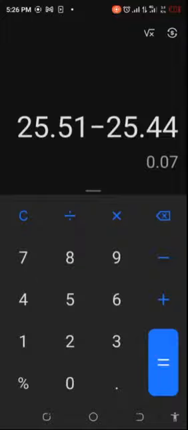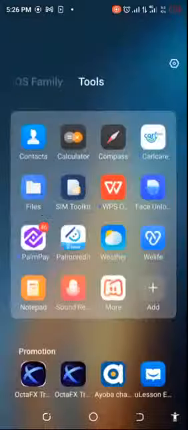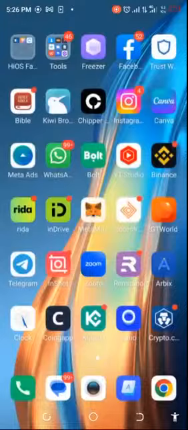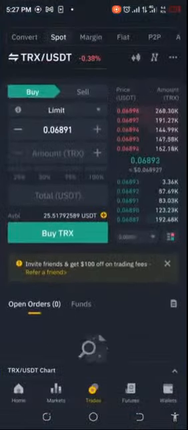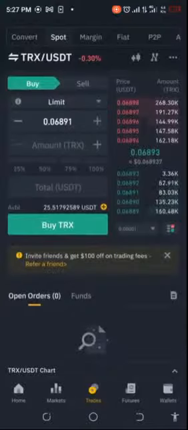Now, why is this amount a little bit on the small side? Because I'm using a small capital, and the transfer fees are the same, except for the trade fees. The transfer fees remain the same. So for instance, if I use the $200, by the time I'm coming back, I will pay the same 1 TRX for $200 worth of TRX.